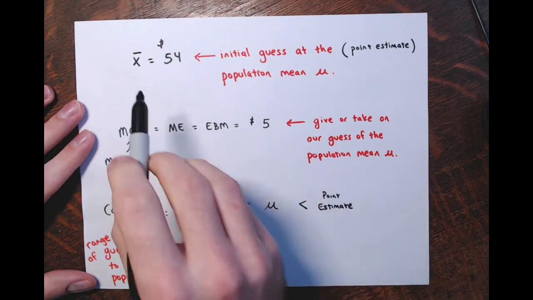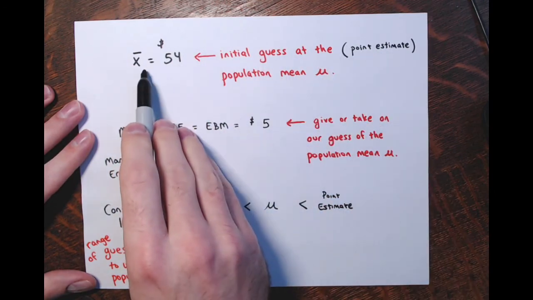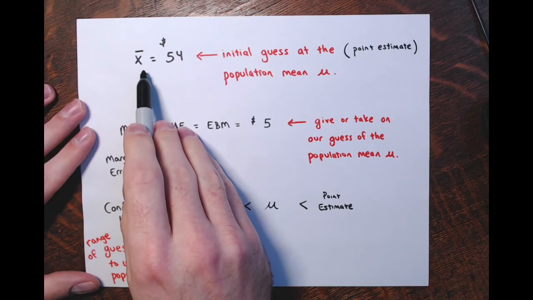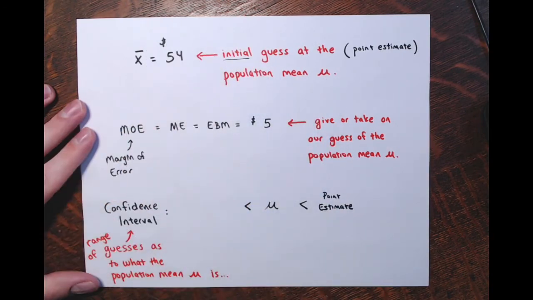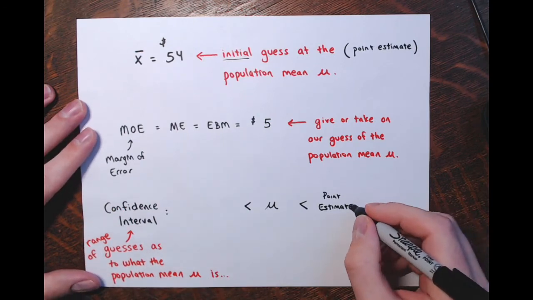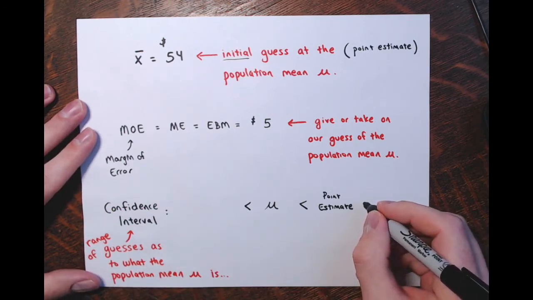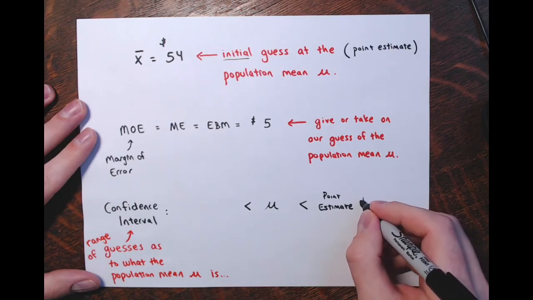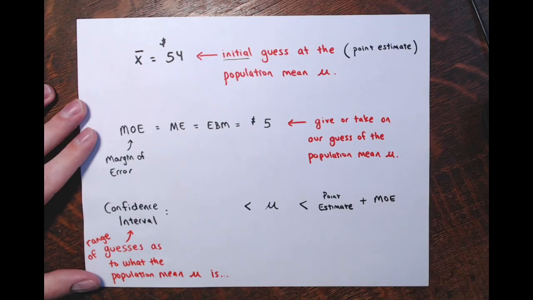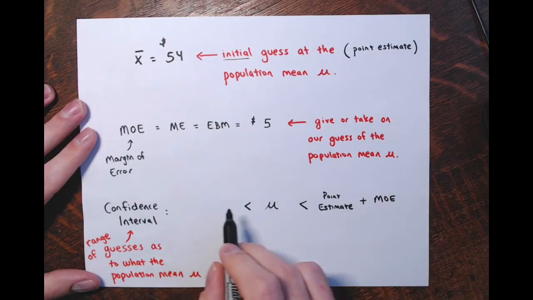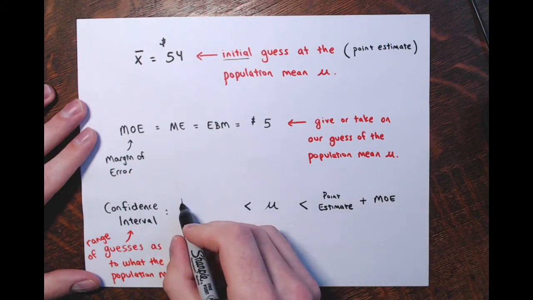The point estimate, the sample mean, our initial guess at the population mean, is going to be right in the middle of this confidence interval. At the upper end, the upper bound, is the point estimate plus the margin of error. And then the lower bound, point estimate minus the margin of error.